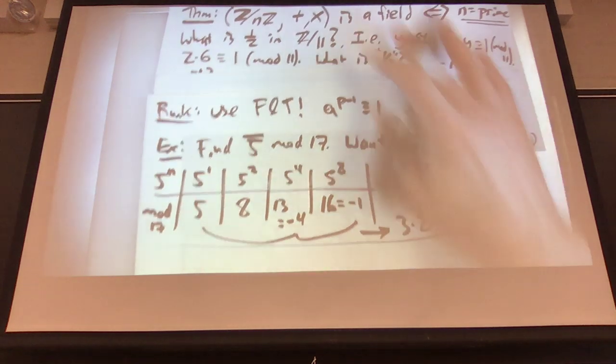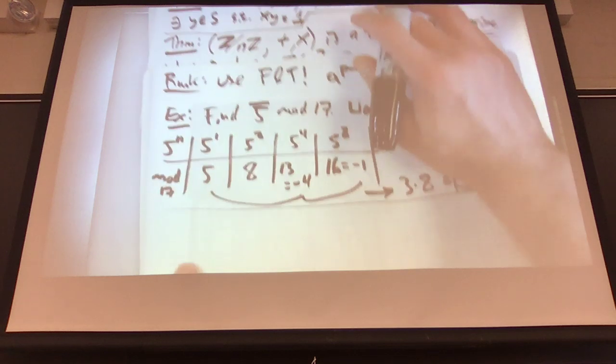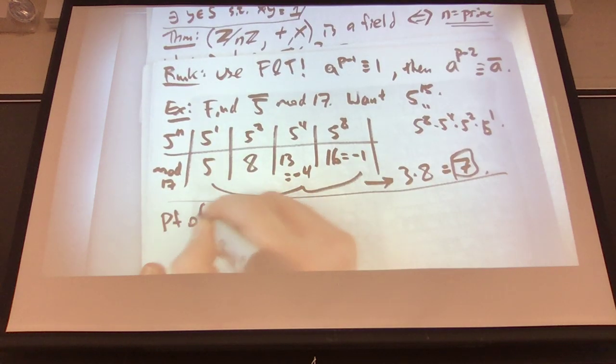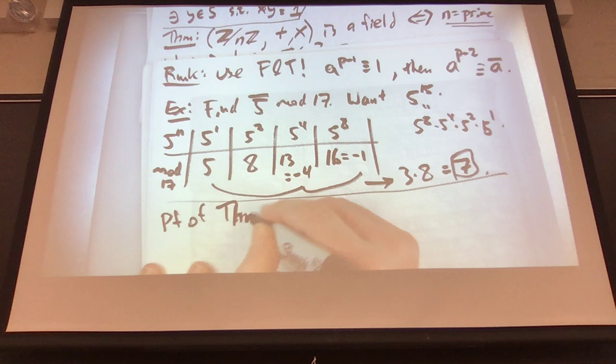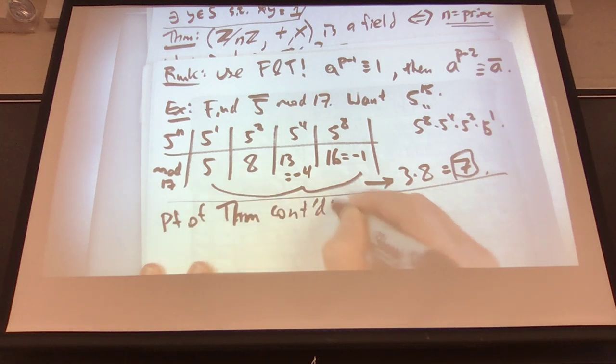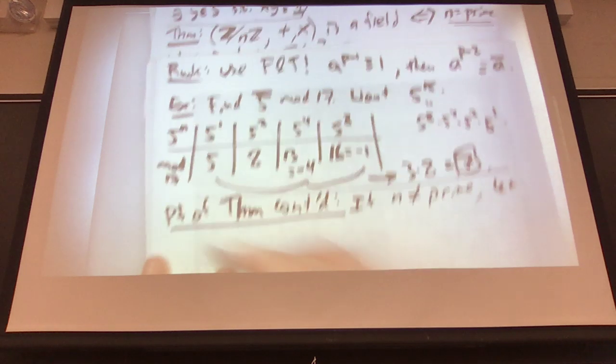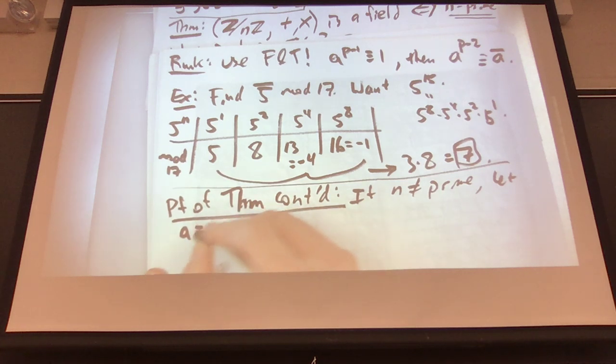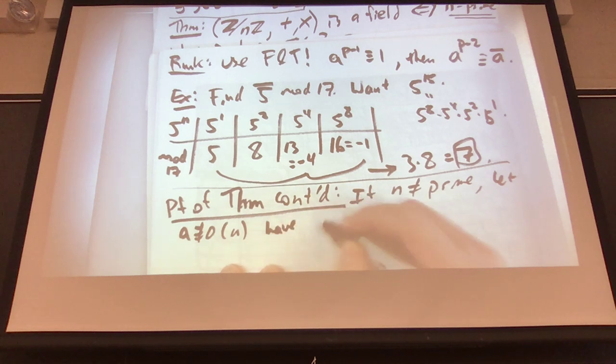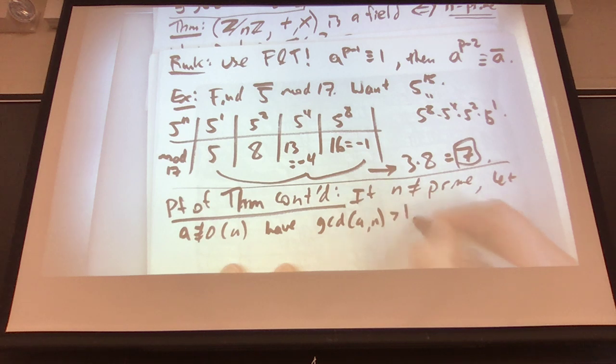Proof of theorem part 2. Proof of theorem continued. If n is not a prime, let a not equal to 0 mod n have a factor in common. Or just take a divisor of n. Have GCD of a and n bigger than 1.